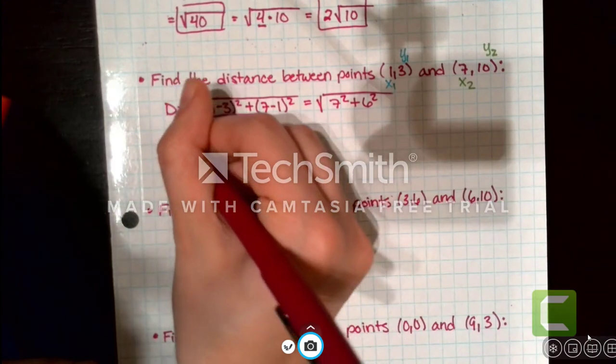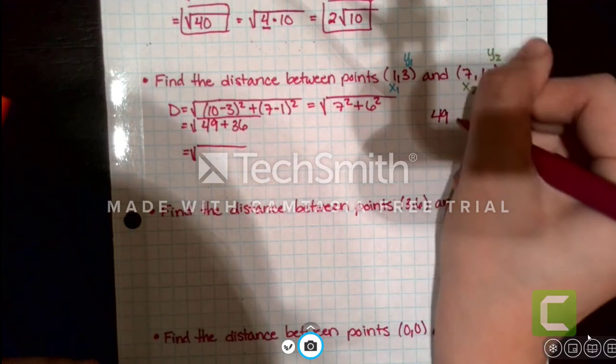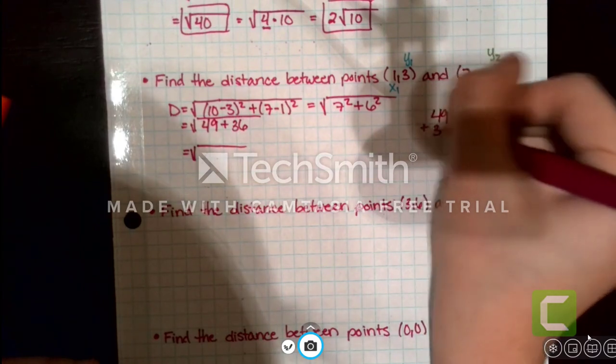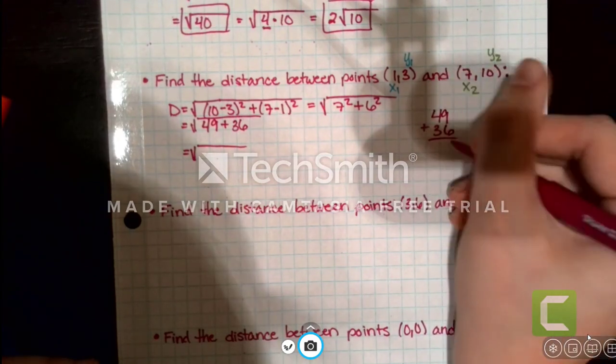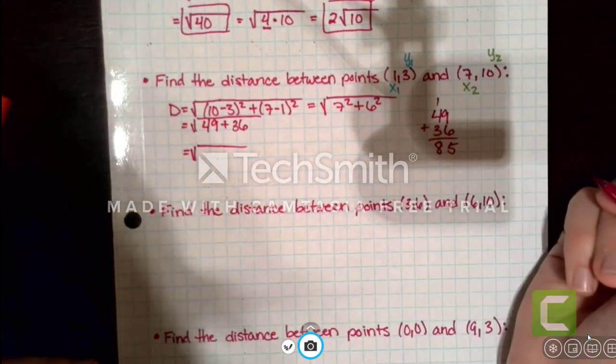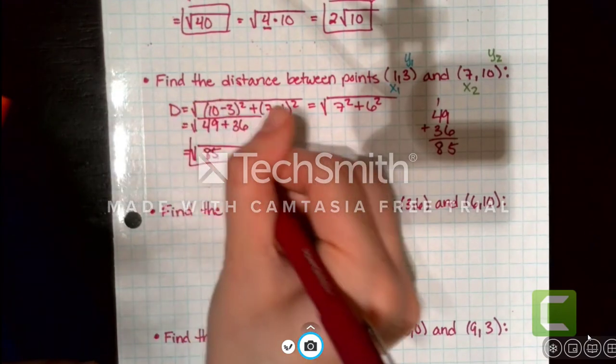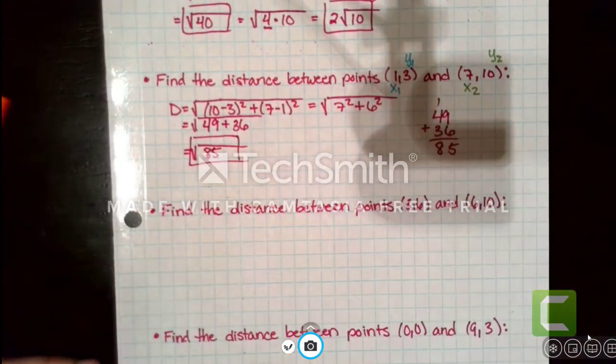Next, add the two values together. 49 plus 36 is equal to 85. Your final distance answer is the square root of 85.